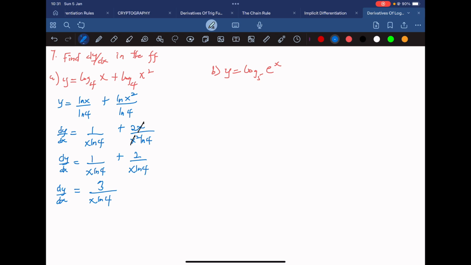Now with this question, we do the same thing, right? Let's rewrite. We have ln of e to the x over ln of 5. But remember, one thing that you have to notice, whenever ln and exponential meet, they are inverses of each other, so it cancels out. So ln of e to the x is the same as x. So ln will cancel e, so you just have x left.